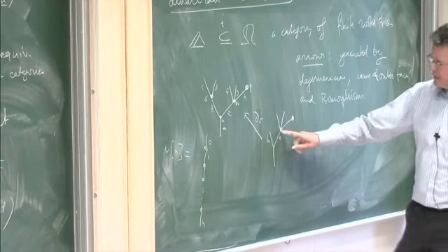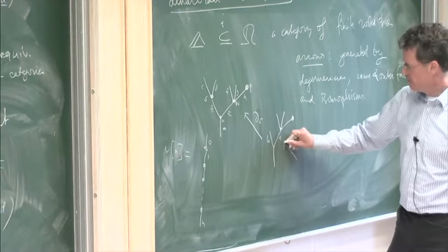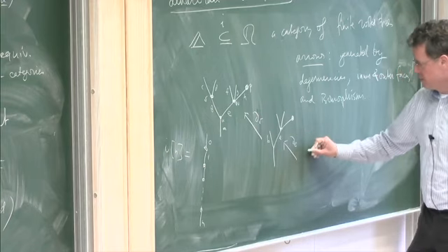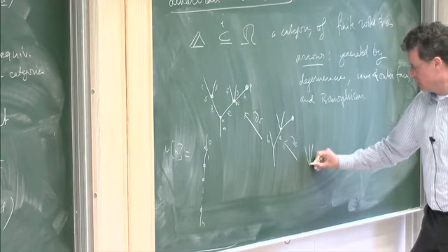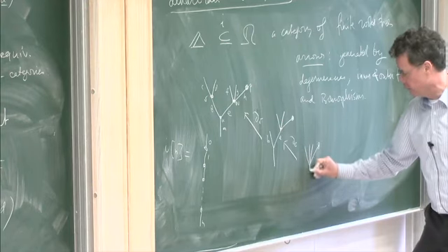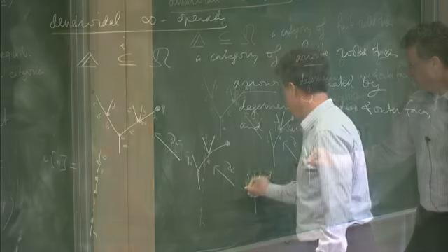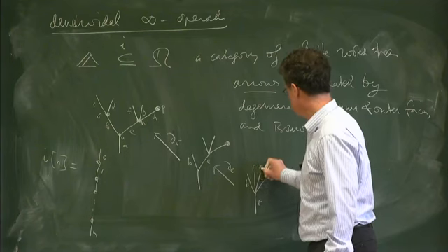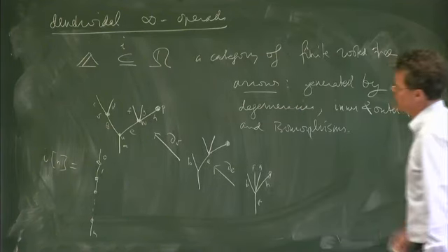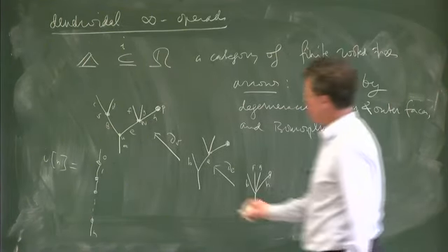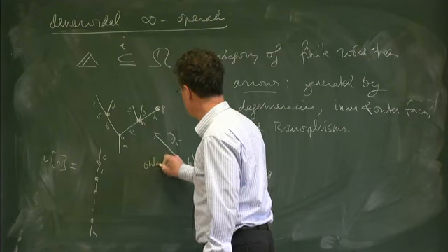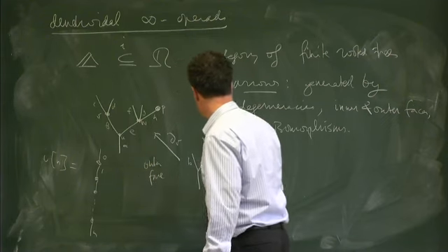Or you can contract an inner edge. And the domain of that map will be this tree. So E has disappeared, the root is the same, and these are F, G, H. So this is an outer face. And this is an inner face.